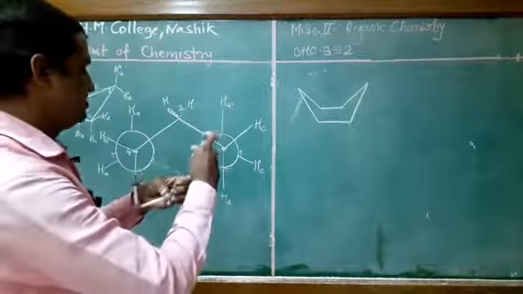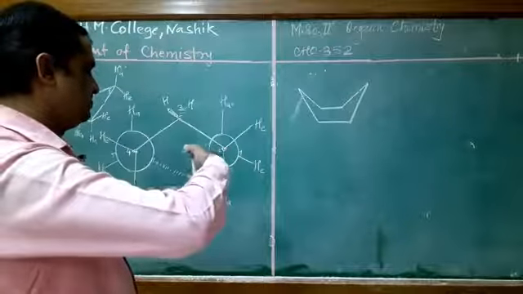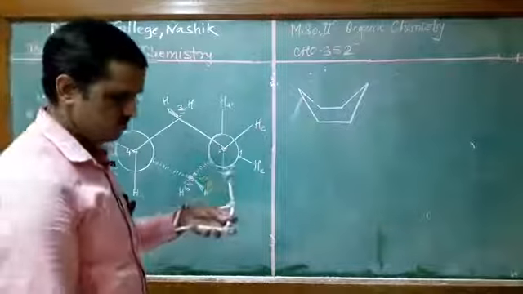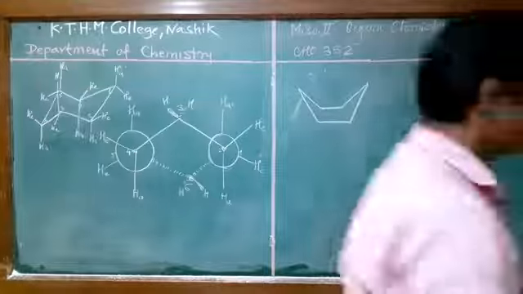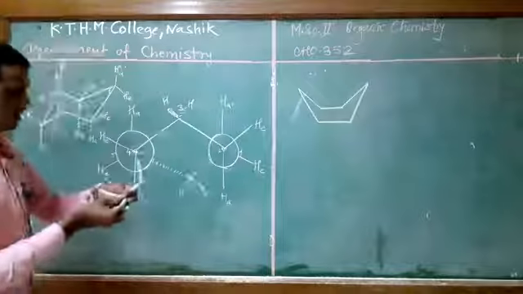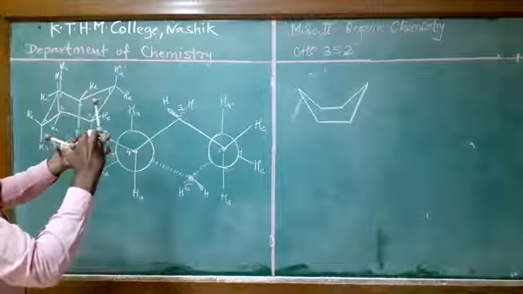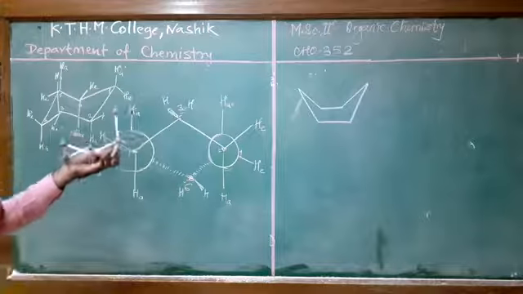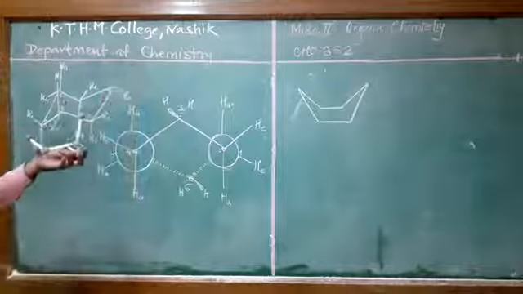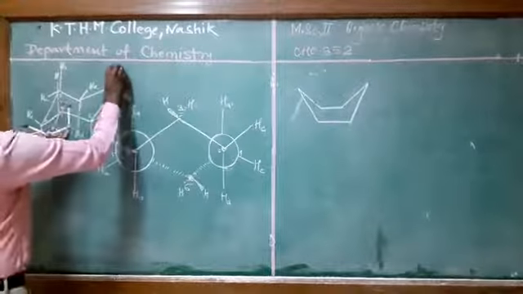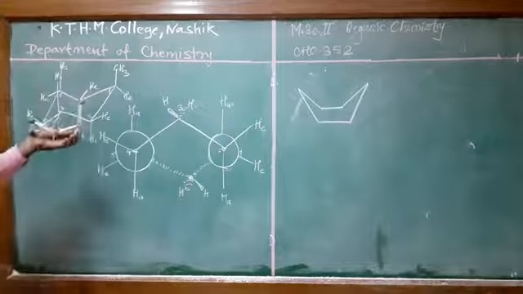So this is the chair conformation, and if we consider one substitution over this cyclohexane, carbon number 1 is substituted axially. Suppose I carry out this substitution, the axial hydrogen for carbon number 1, I can substitute by CH3 in this way.